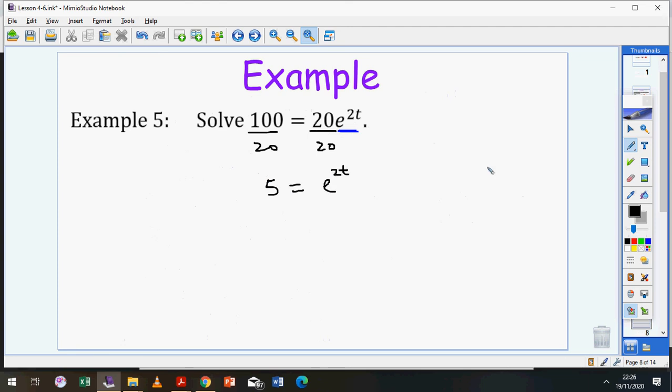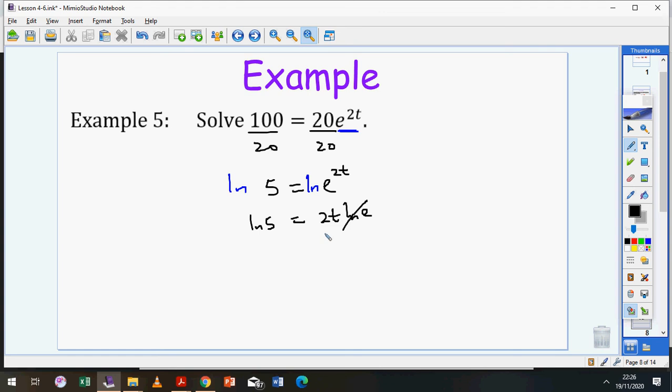I want that power to come down, and the only way for that power to come down is if there's a logarithm here, right? So I'm going to introduce a natural logarithm on both sides of this equation. That natural logarithm will cause this power to come down, and when it comes down, I can solve for it. So I have natural logarithm of 5 equals 2t natural logarithm of e, which remember is just 1, because natural logarithm of e is 1.